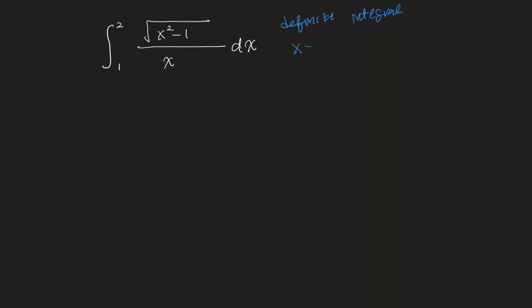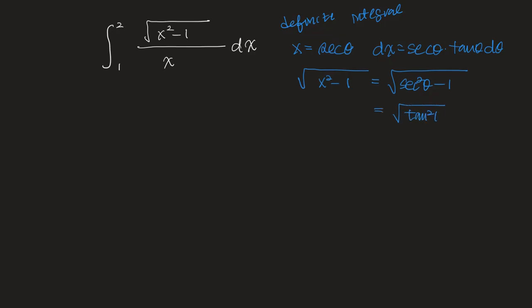What do you have to use, guys? x equals secant theta, because of x squared minus 1. dx is secant theta tangent theta d theta. What is the square root of x squared minus 1? It is the square root of secant squared theta minus 1, and secant squared theta minus 1 is tangent squared theta. So this is tangent theta.